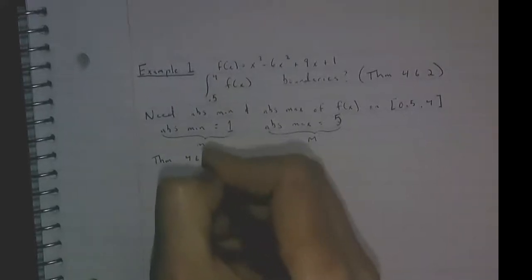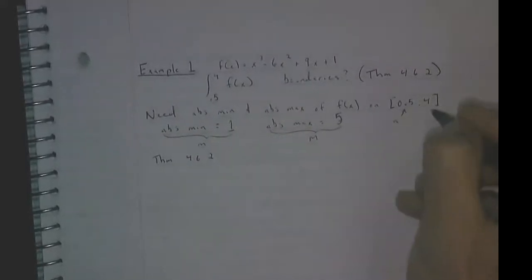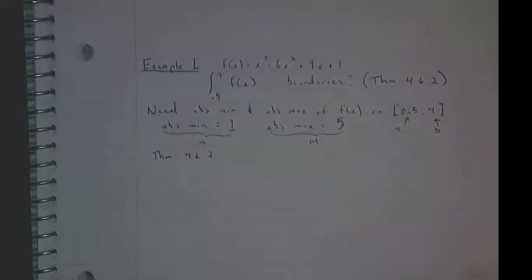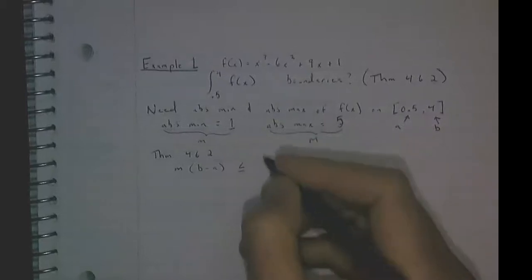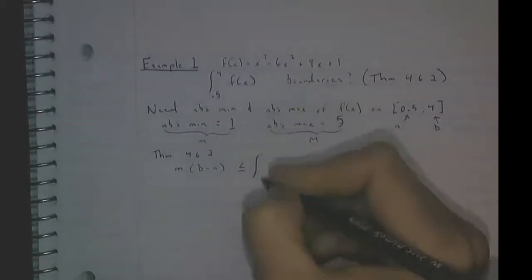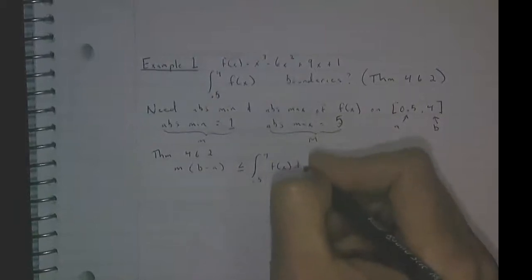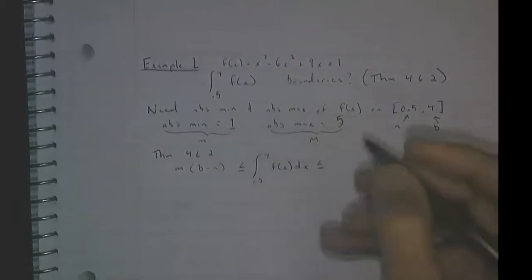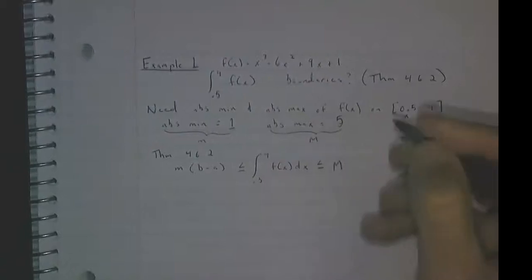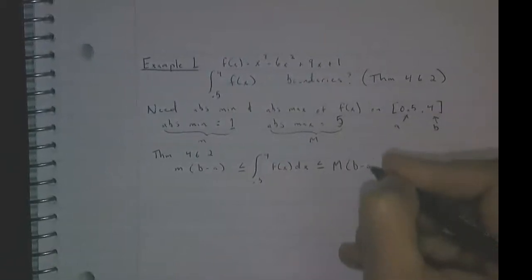So theorem 4.6.2 guarantees that, and this is a and this is b, that m times b minus a is less than or equal to that definite integral from 0.5 to 4 of f of x dx, which in turn is less than or equal to the maximum times b minus a.